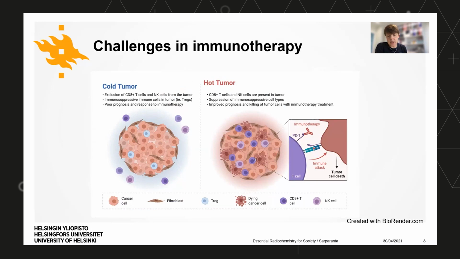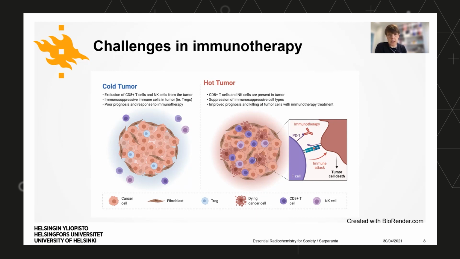One of the foremost challenges in immunotherapy is that reversal of the immunoediting, or the cancer immunity cycle, and the normalization of those processes. A lot of the tumors are considered to be immunologically cold, which means that the cytotoxic T and NK cells are not present there, but you have populations of immunosuppressive immune cells, for example, the regulatory T cells. And usually this means that the tumor will have poor prognosis and poor response to immunotherapy.